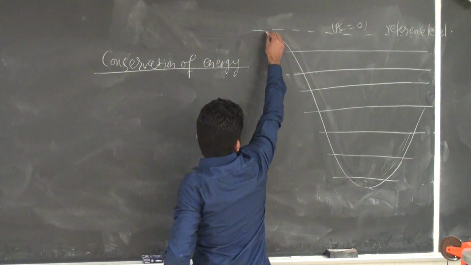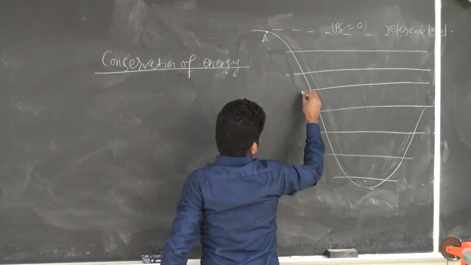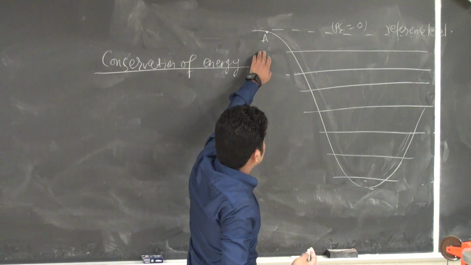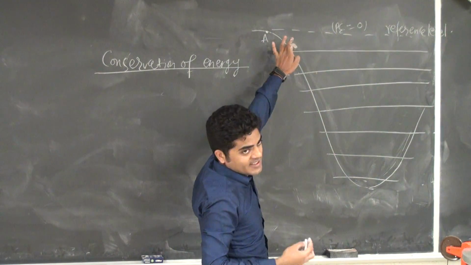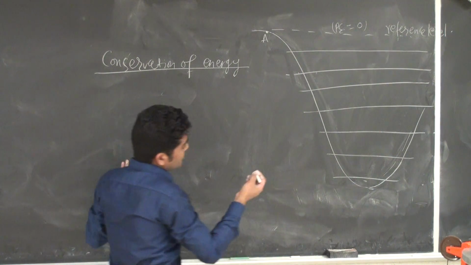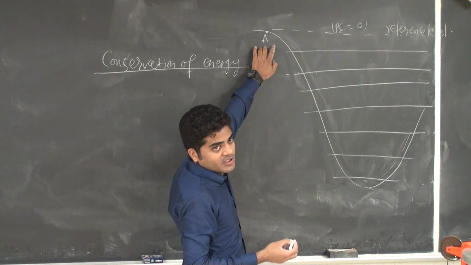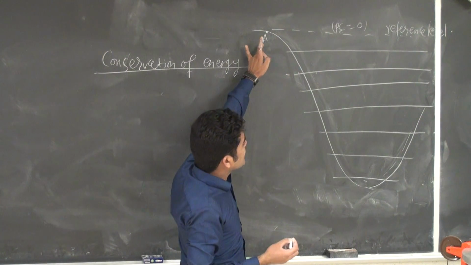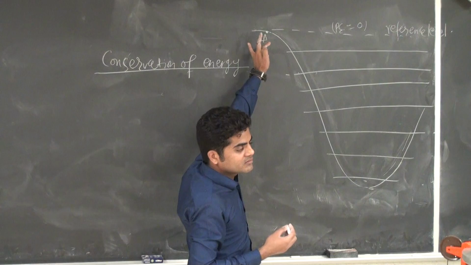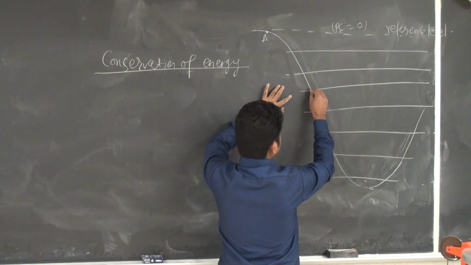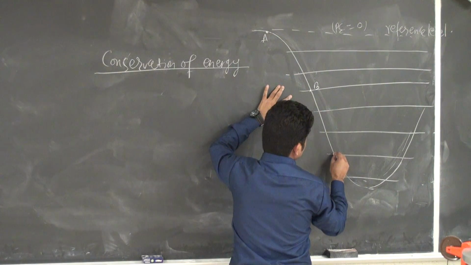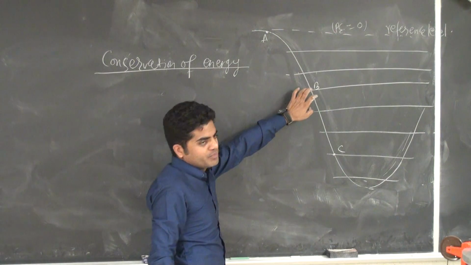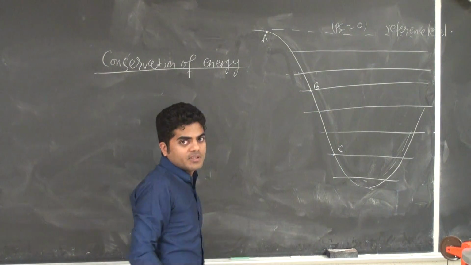So the sum of kinetic energy and potential energy at the point A is 0. The total energy is 0 at point A. So we can say that the total energy is conserved. It means that the total energy at point B and point C should be 0 as well. Right? Okay.